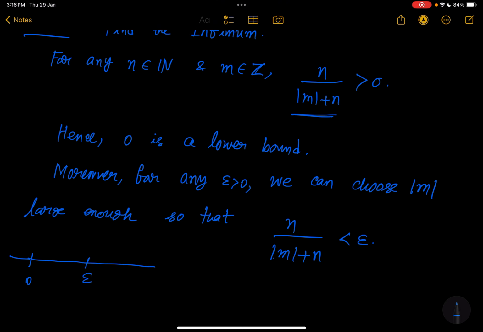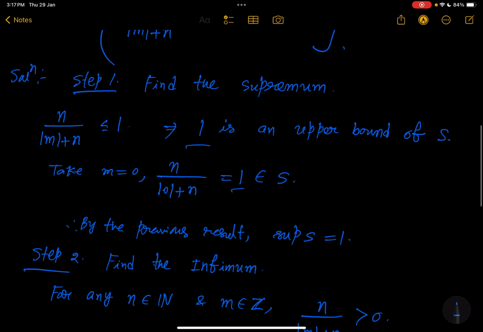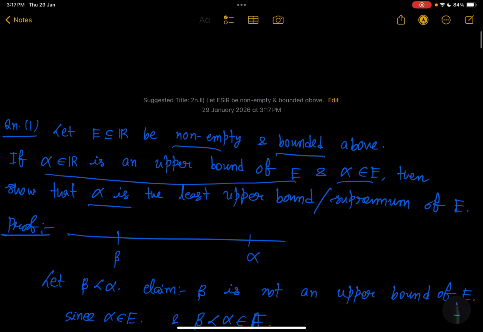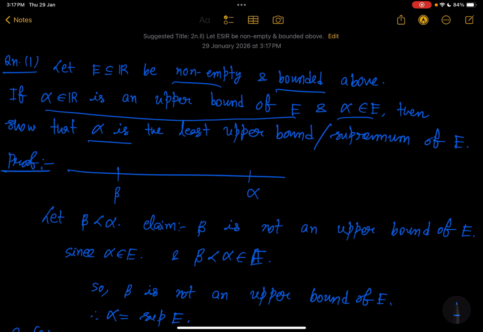I have something like this, and this belongs to S. This says that epsilon cannot be a lower bound, because epsilon is bigger than this element of the set S. So the infimum of S is 0. So the supremum is 1 and the infimum is 0. Okay, so here we stop.